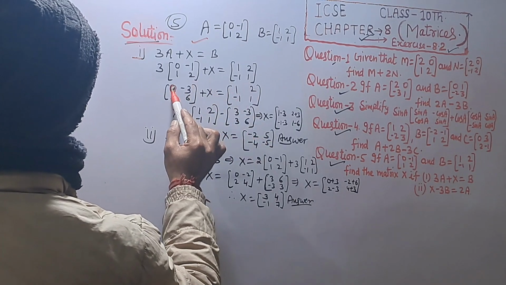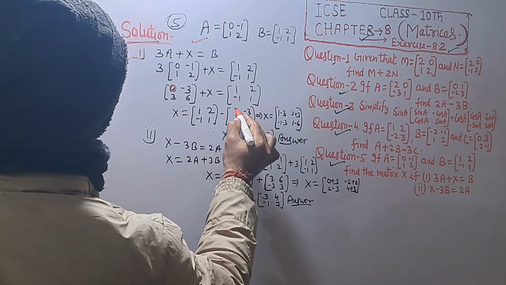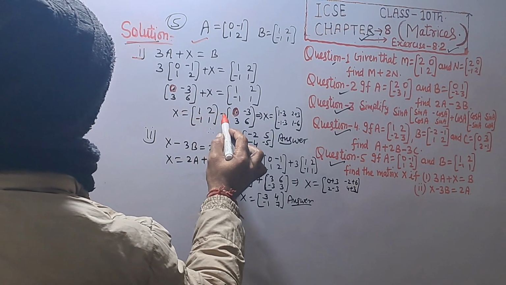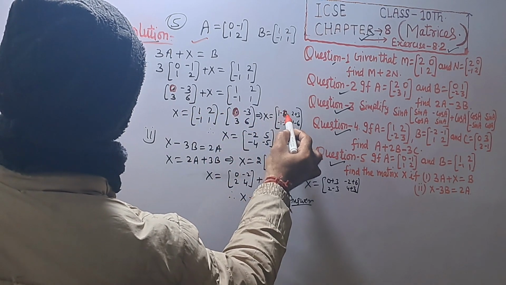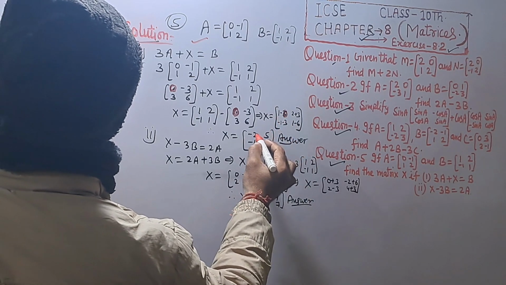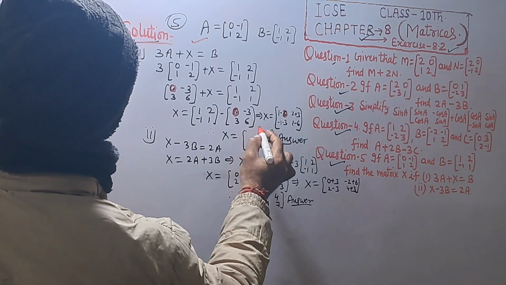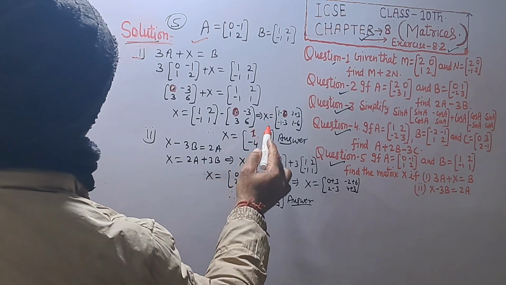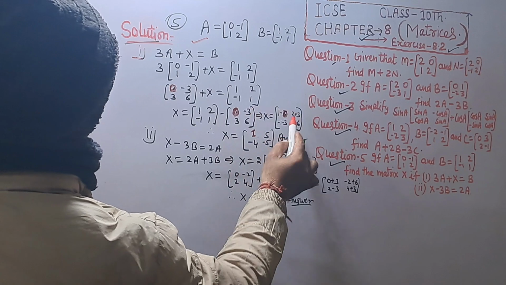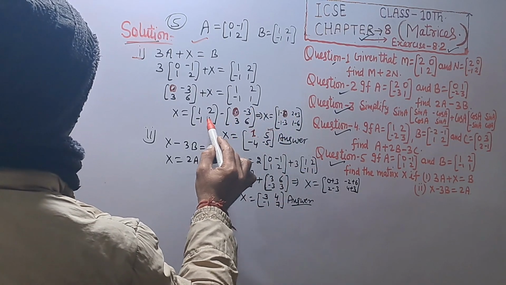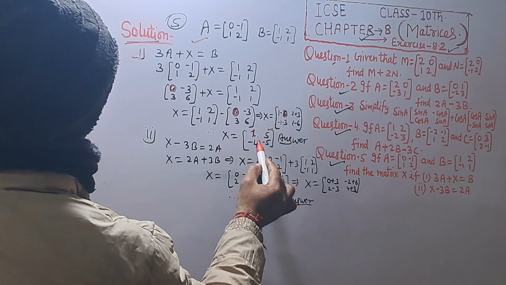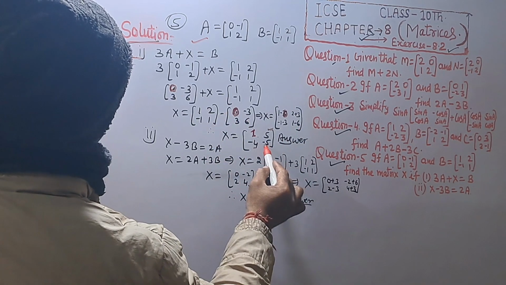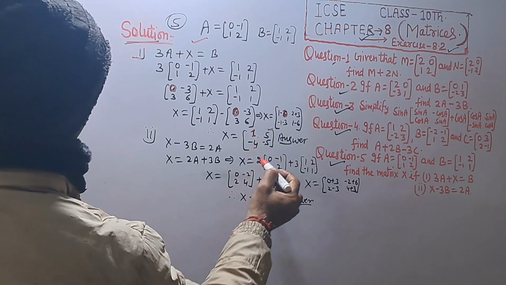X equal to, we are shifting the left side to the right, this is 0 and 1 - 0, that is equal to 1, and 2 + 3 equal to 5, -1 - 3 equal to -4, 1 - 6 is equal to -5.